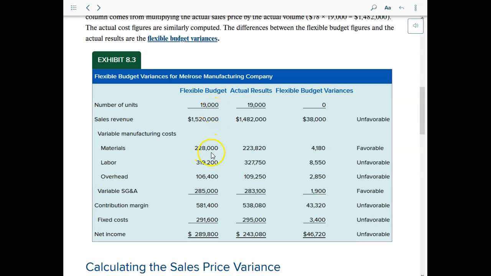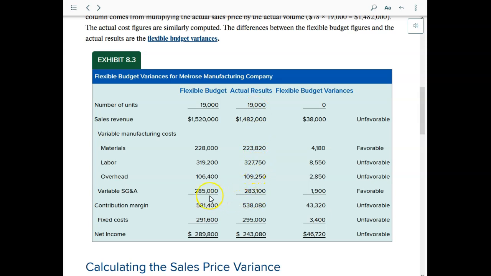If you produced 19,000, you thought you would spend $228,000 in materials. We only spent $223,820. We spent less, favorable variance. For your labor and overhead, those are unfavorable variances because we spent more at the 19,000 unit level than what we had budgeted for.